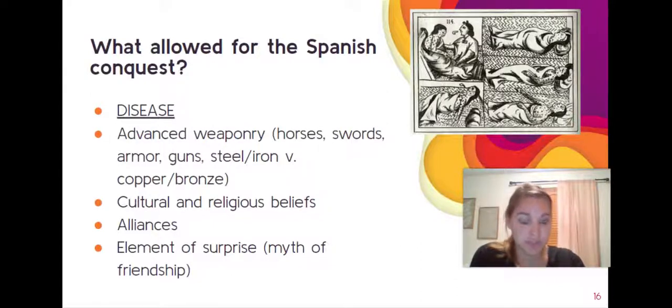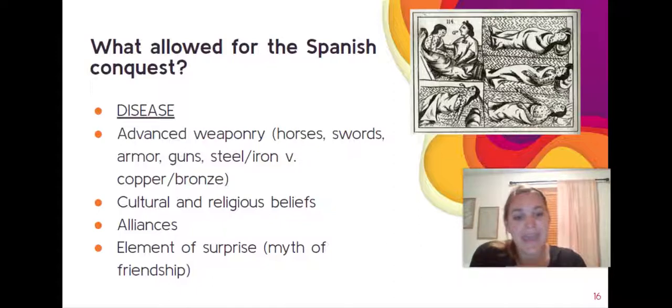Additionally, the cultural and religious beliefs at the time, like how the Aztec believed that Cortes was their lost god, and so they welcomed him in initially, which led them to believe that there was a friendship there. And so the element of surprise with these attacks was a huge component to the conquest.